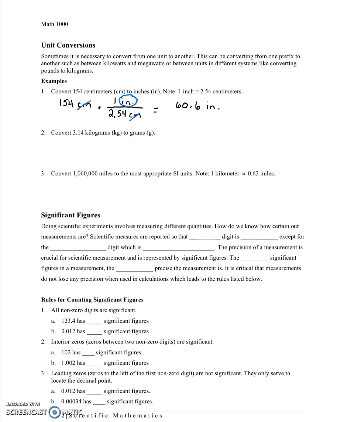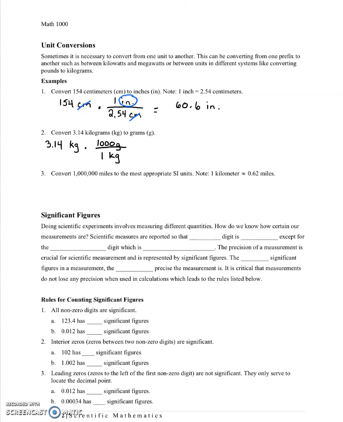Okay, what about kilograms to grams? There are 2 ways to do that. The first way is just like we did before. So we have 3.14 kilograms. And as we discussed on the previous page, 1,000 grams is 1 kilogram.